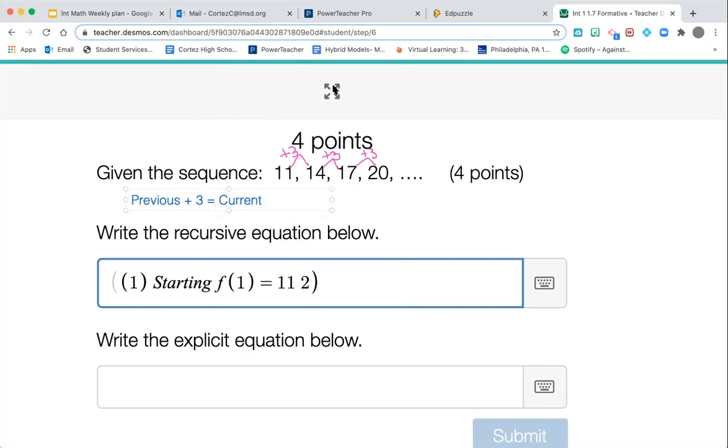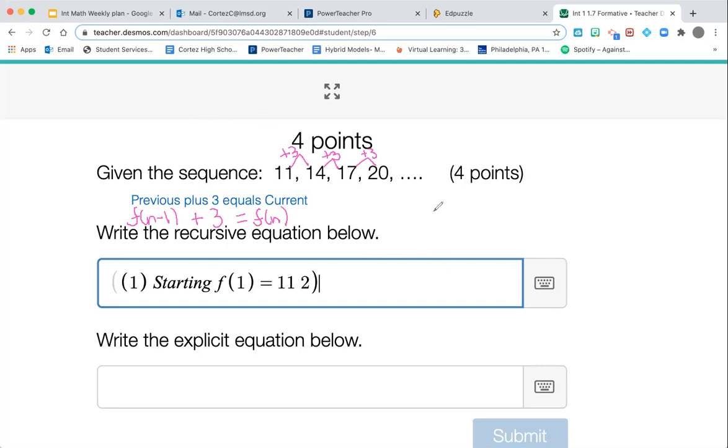And I always think in words. What is this going to look like? That helps me articulate the function notation that I want to use. So whenever we talk about the previous, remember, we refer to that as f of n minus 1. And then pretty much just going term for term, plus would just be adding 3, equal sign, current, we refer to that as f of n.